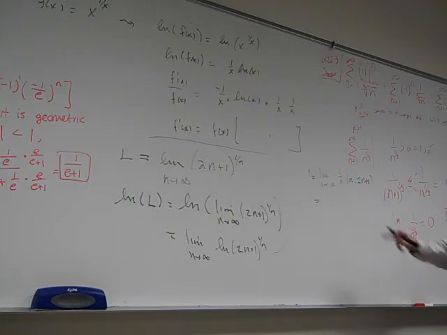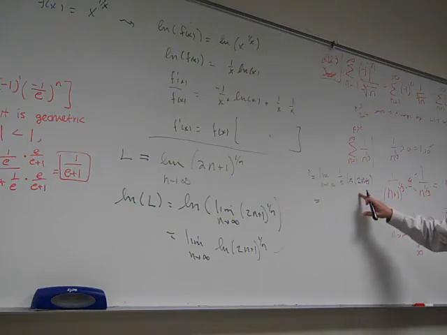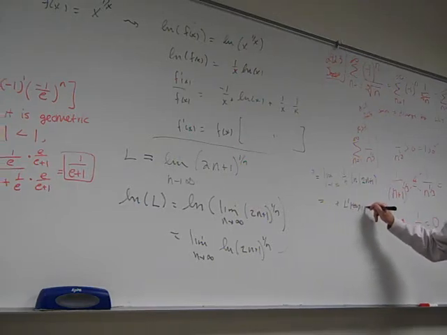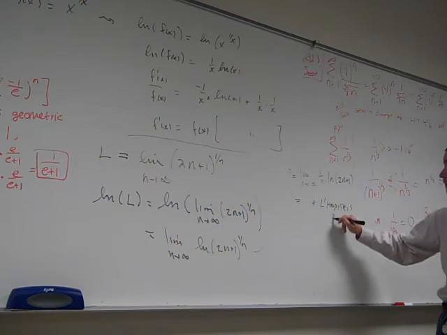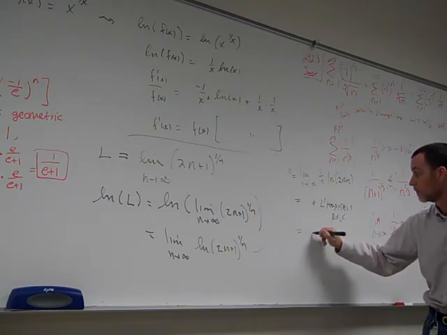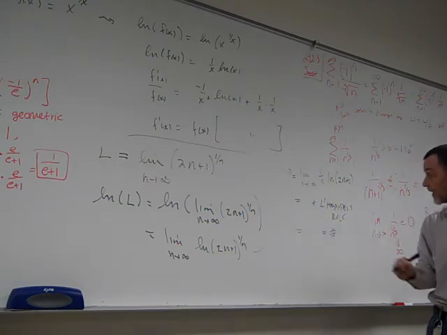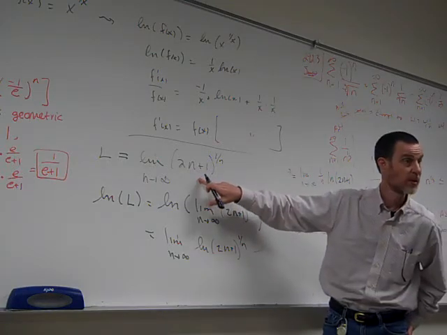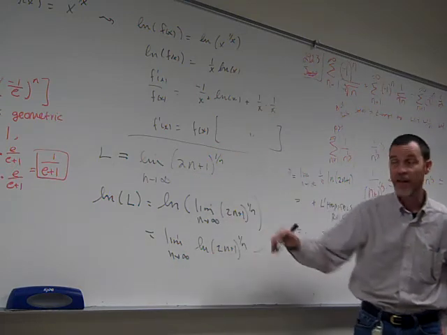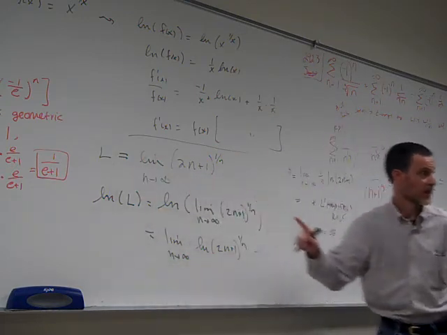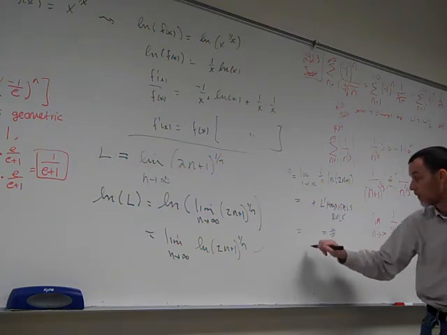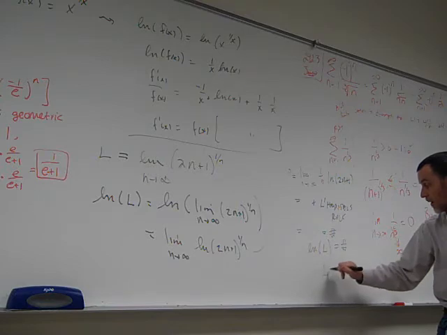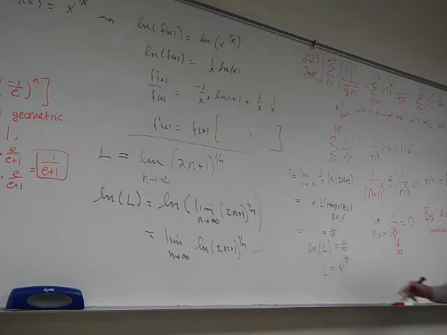Now you're going to have to use L'Hopital's rule or something. Equals, you're finally going to get a number, but is that number what this limit is? No, that number is what the natural log of that limit is. So you're going to end up with natural log of L is that number, and so L is what? e to that number.